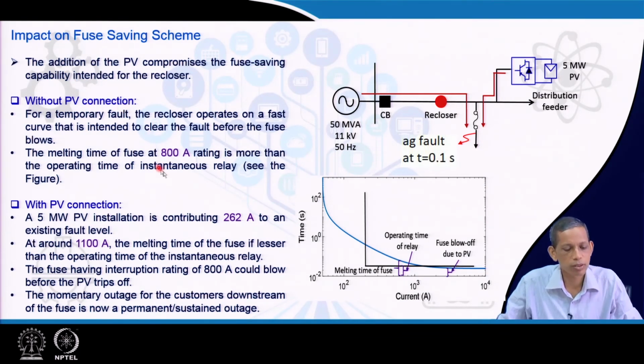Without PV connections, it was 800 ampere for the melting time of the fuse. With PV connection, the corresponding current becomes 1100 ampere, and that leads to a situation where the fuse may be blown out before the instantaneous operation. In that case, the corresponding fuse saving scheme is under scrutiny, it may not operate as expected.